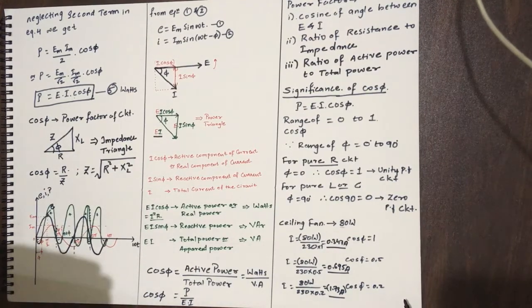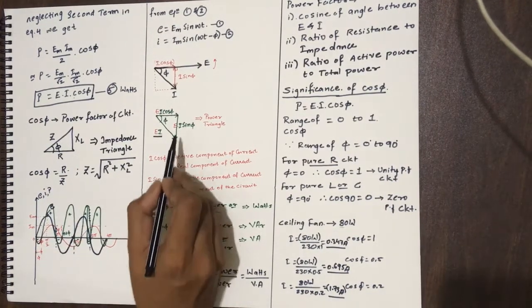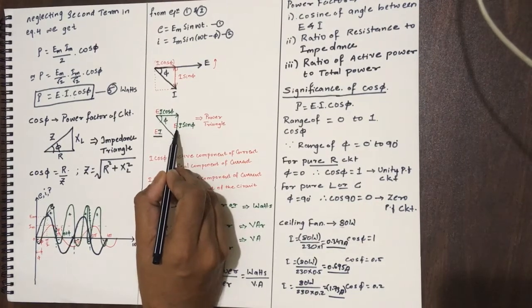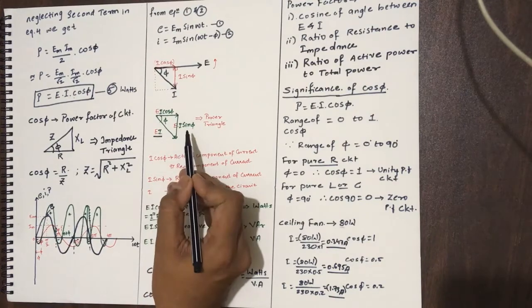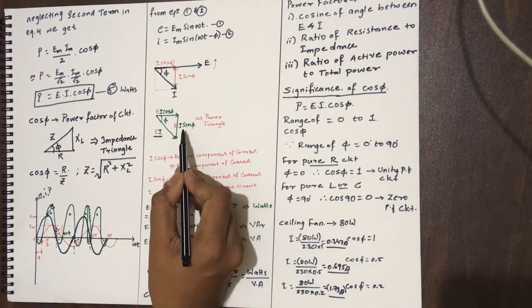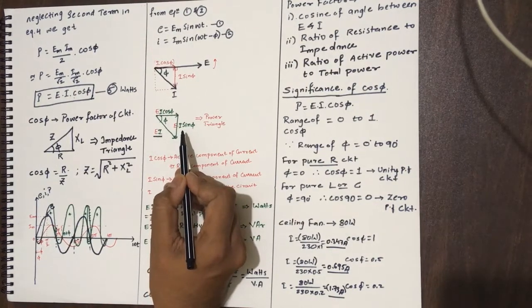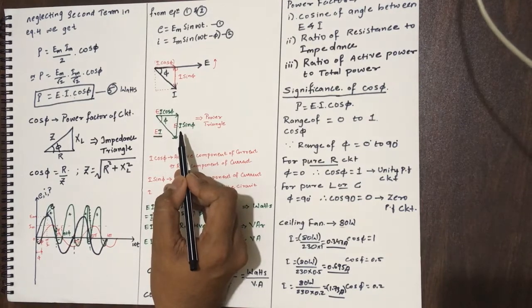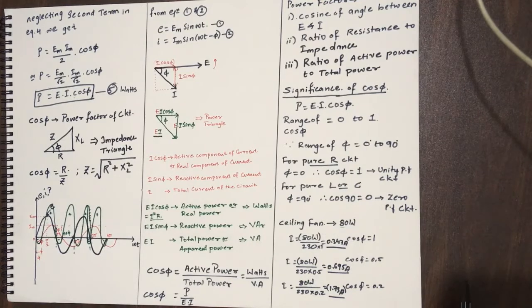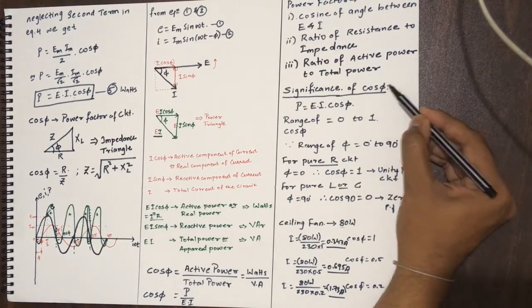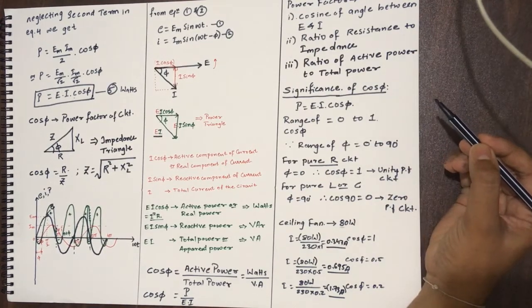As cos phi decreases, sin phi increases. It means that the energy storing component of the current is increasing excessively, which I don't want. A slight amount of energy storage is required for my inductive load application, but if it is in excess, it is of no use for me. Unnecessarily we are overloading the existing network. Therefore, the significance of power factor lies in keeping its value near to unity.